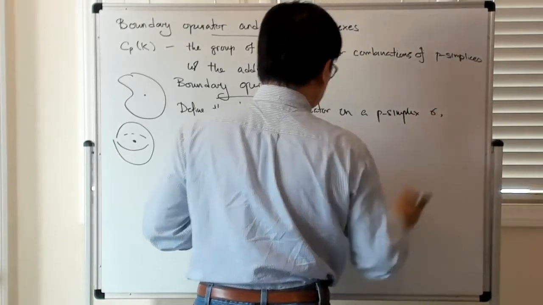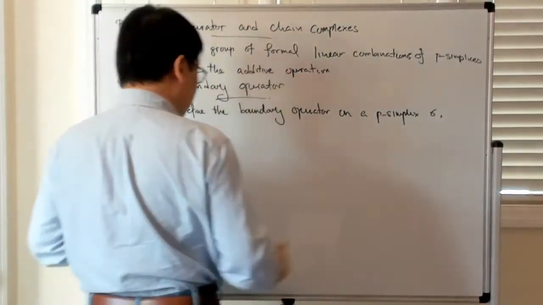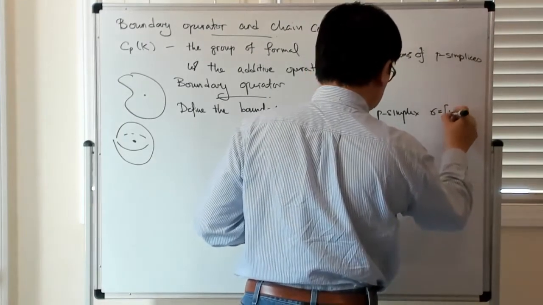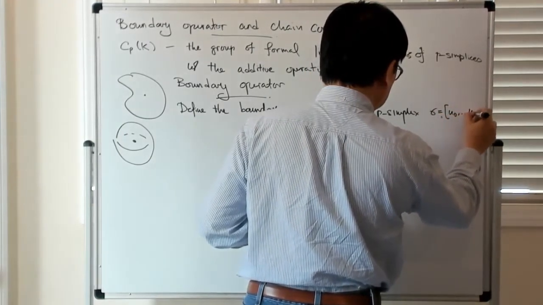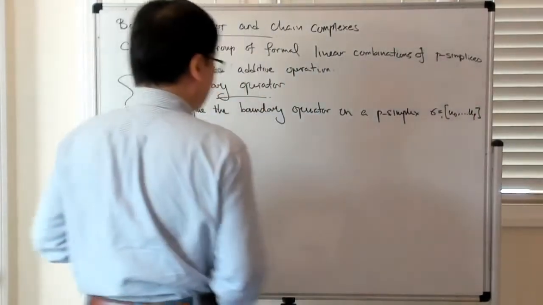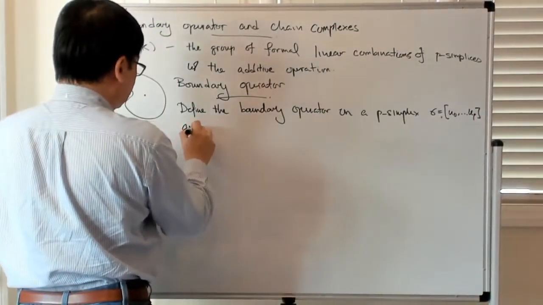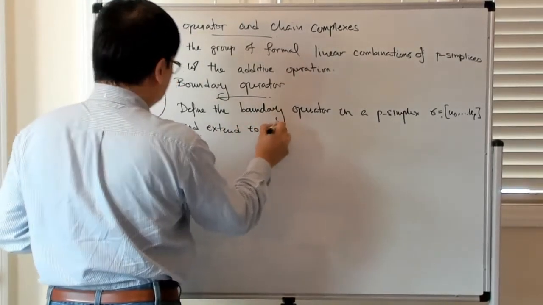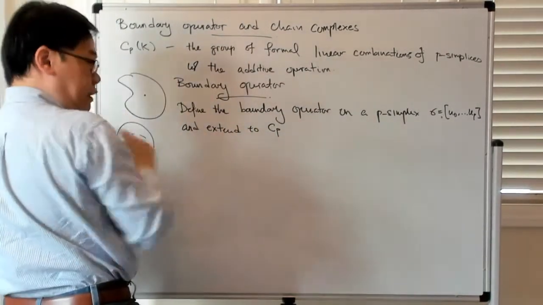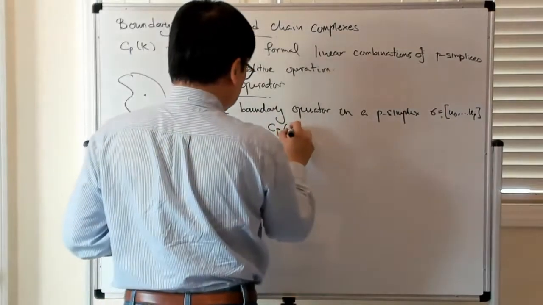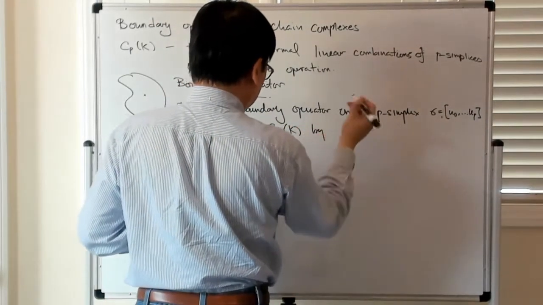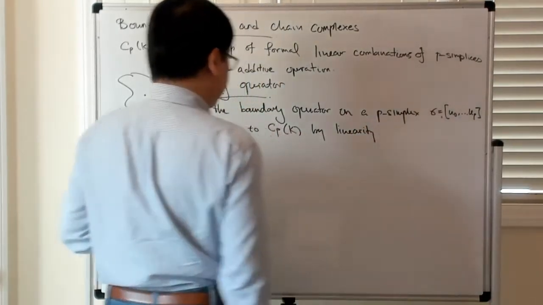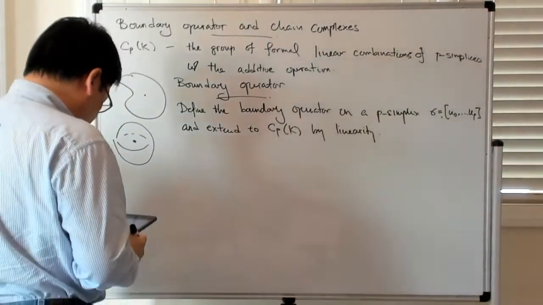Let's call that sigma, and let's write this as u0 to up, and extend to the entire p-dimensional chain group by a linear extension. So what do I mean by that?